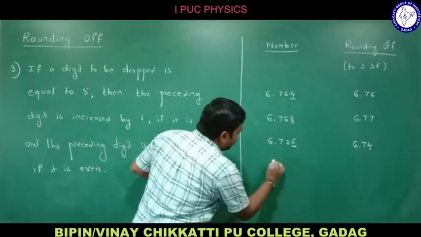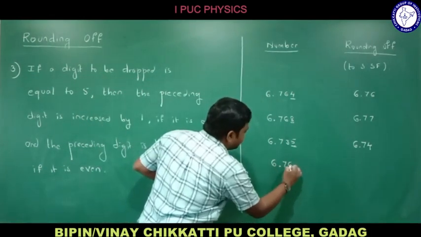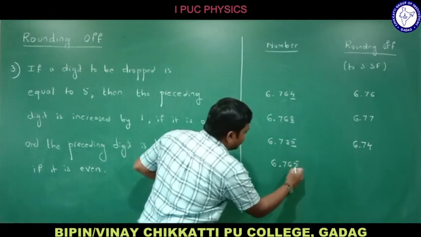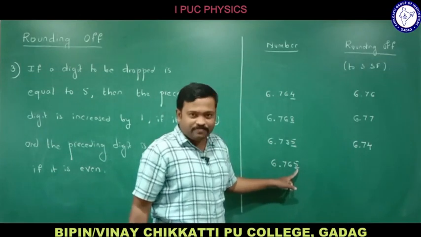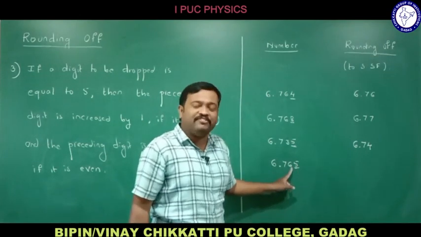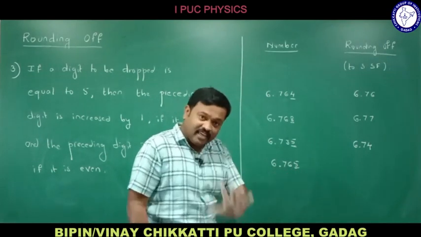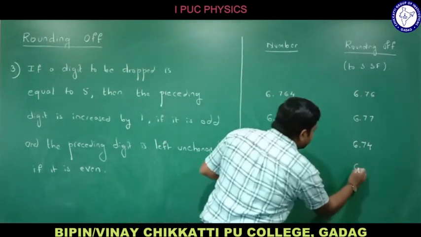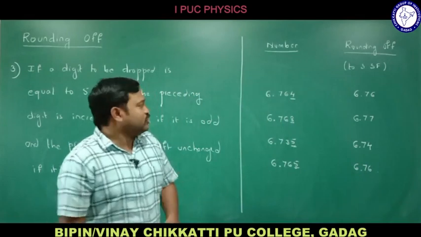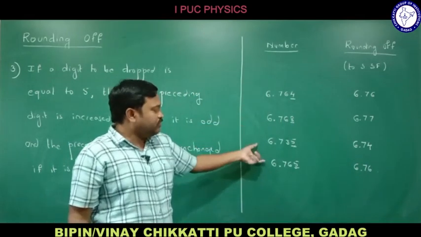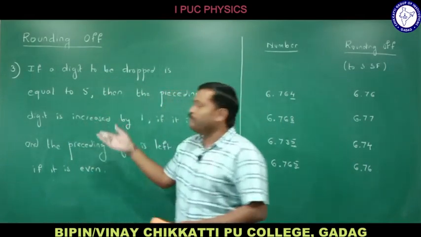For example, 6.765. The number to be dropped is 5. See the preceding number, is it even or odd? If it is even, keep it as it is. So 6.76, right? So this is rule number 1, this is rule number 2, and these two are the parts of rule number 3.